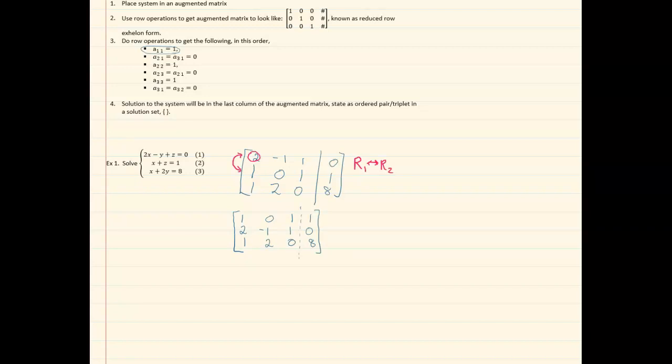So we've done that, so I'm going to check that off. The next thing we need to do is to get what's below it in positions 2,1 and 3,1 to be 0. So in other words, we need to get this to be a 0 and this to be a 0. I'm going to do it kind of together.